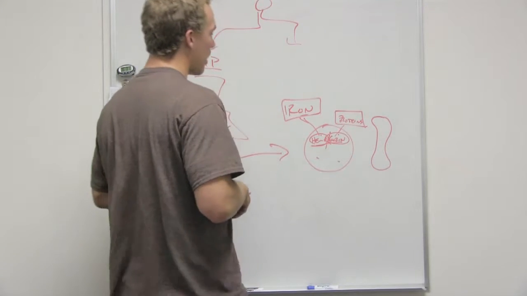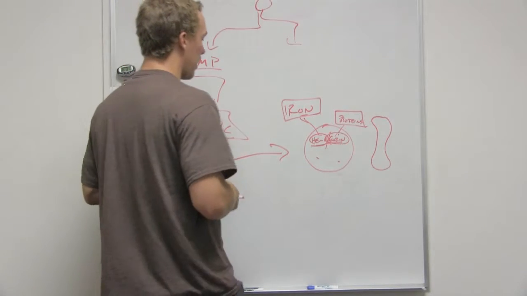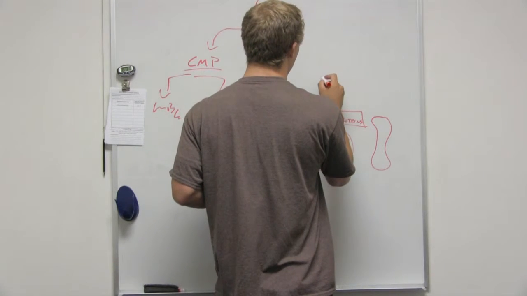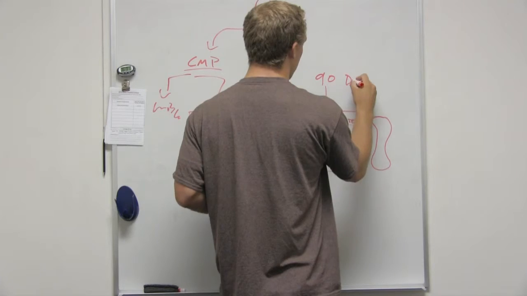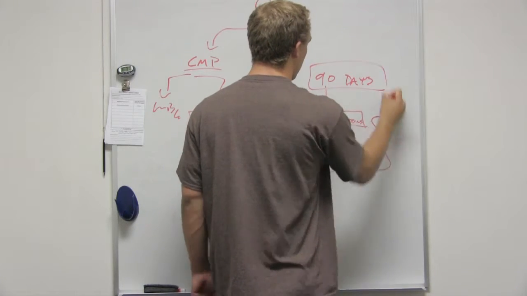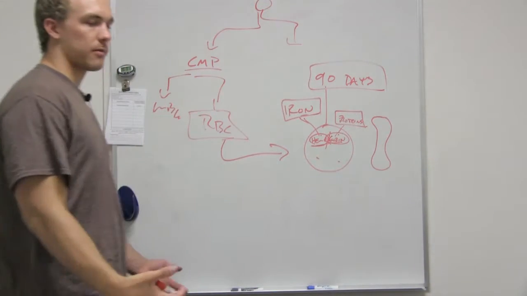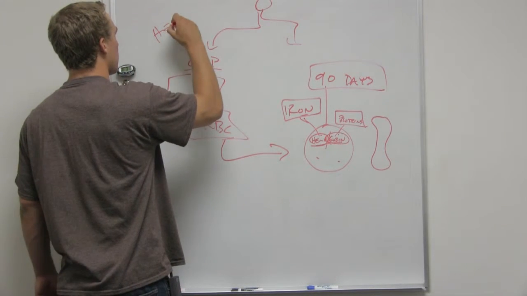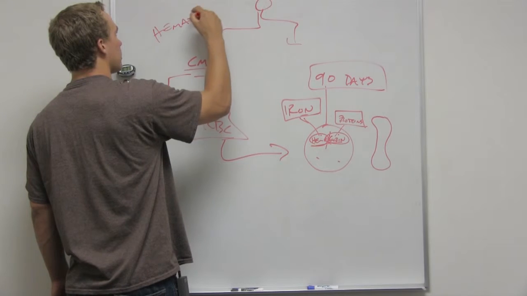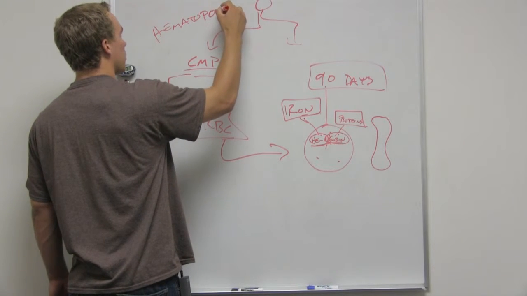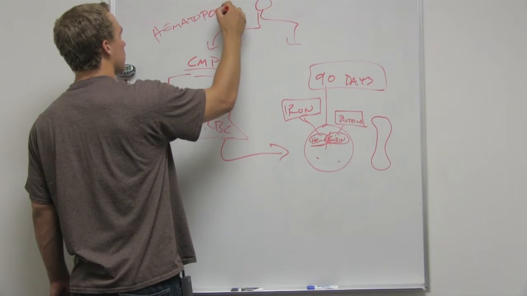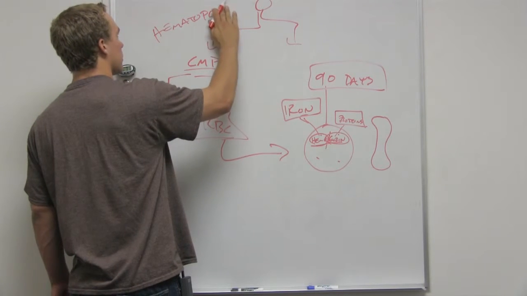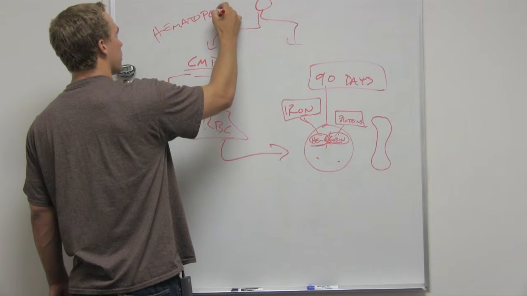And then this is just a bunch of proteins. Basically, red blood cells live for about 90 days, so 3 months. This process is called hematopoiesis.